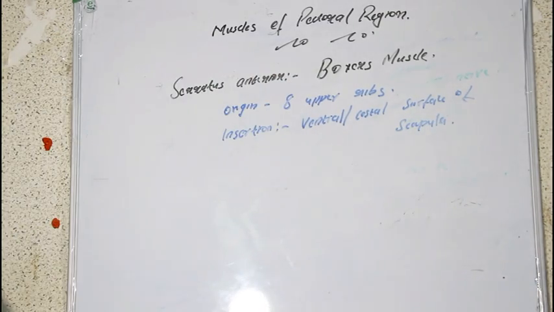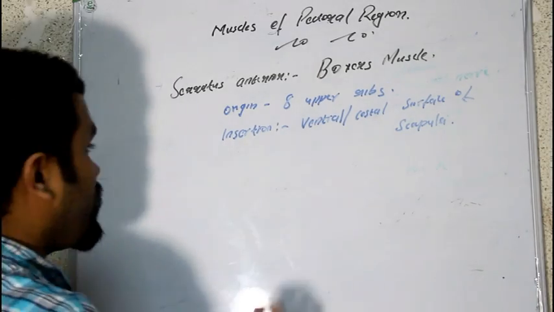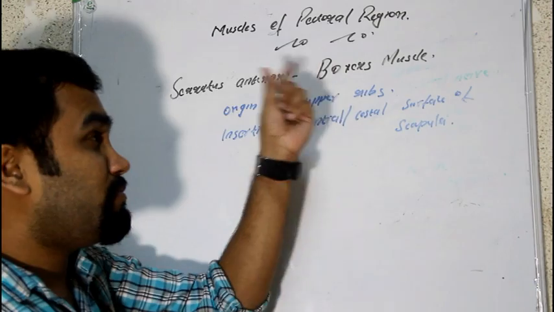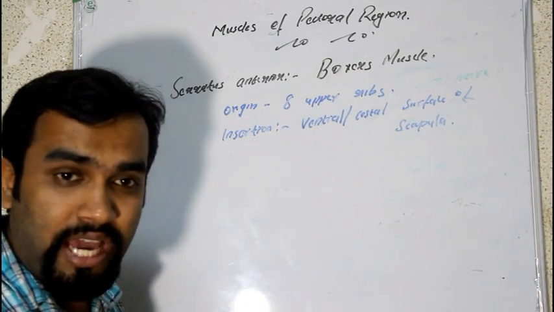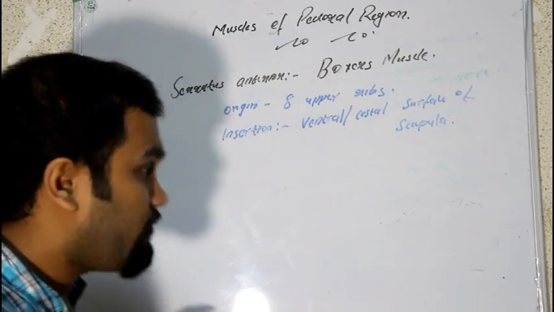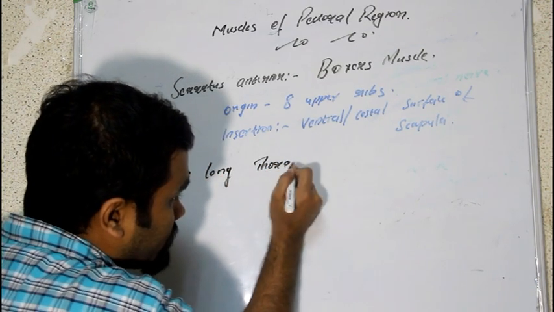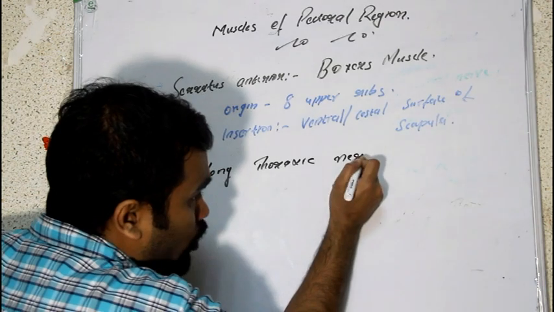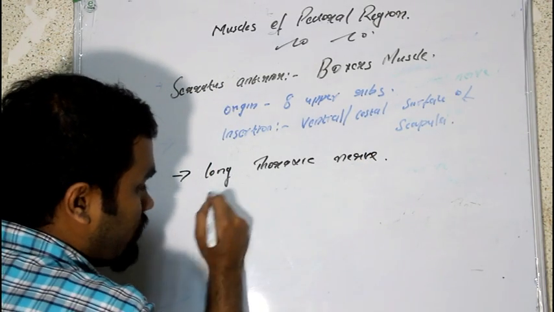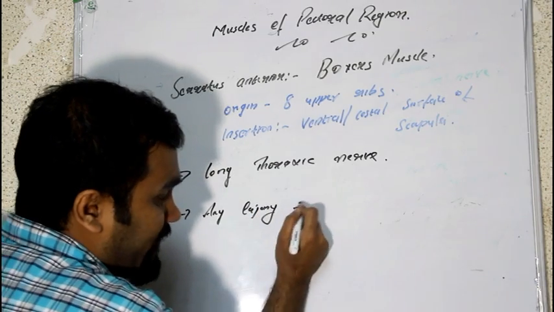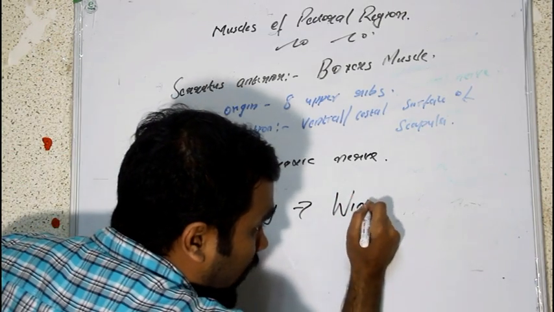There is an important clinical pathology. Any injury to which nerve supplying the serratus anterior? The long thoracic nerve, right? Any injury to this nerve causes a condition known as winging of scapula.